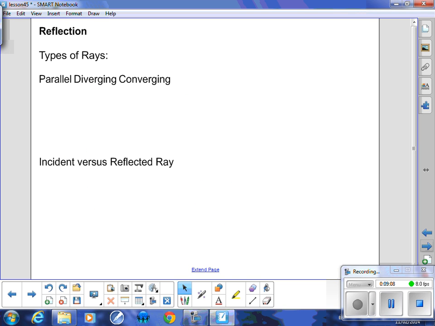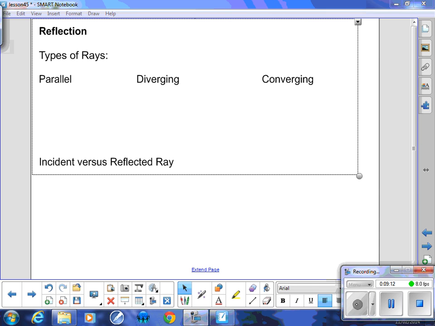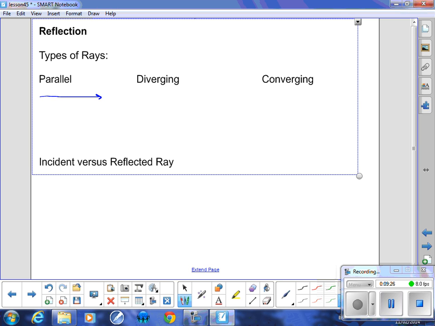Okay, so reflection. Types of rays here. There we go, all fixed up. This is just terminology that we need to be aware of when it comes to doing some of the questions and experiments throughout the unit. Parallel rays: if we have parallel light rays, that means the light rays don't cross. They are all in the same direction.